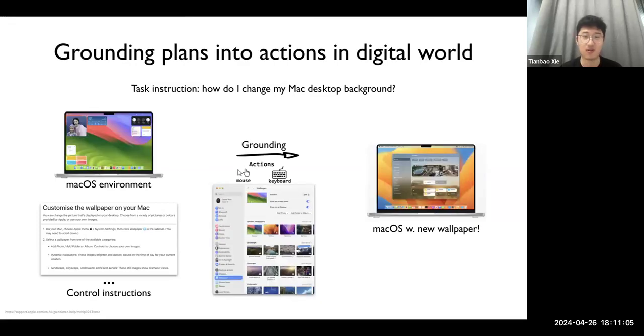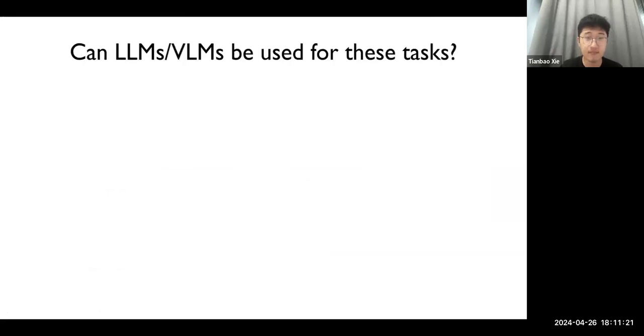You hold your mouse, press your keyboard, and make these operations through the mouse and keyboard, and you finish this task. macOS changes to the new wallpaper, and the task is finished.